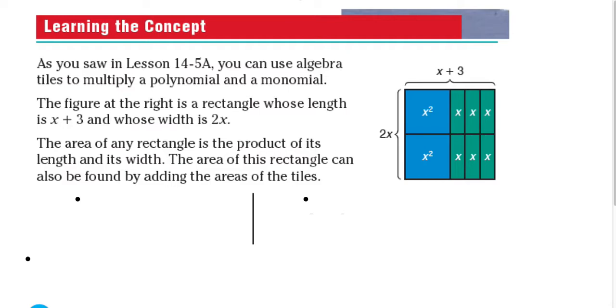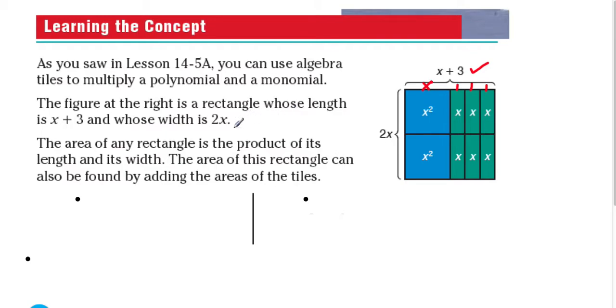Because the length of this x squared tile is x. The width of this x tile is 1, 1, and 1. And that's why it's x plus 3. x plus 1 plus 1 plus 1 is x plus 3.